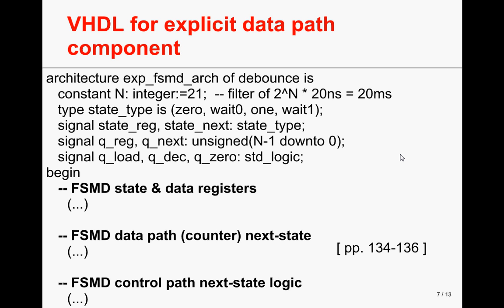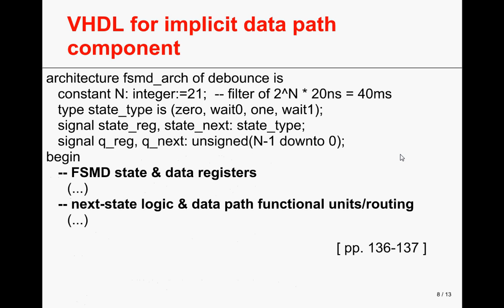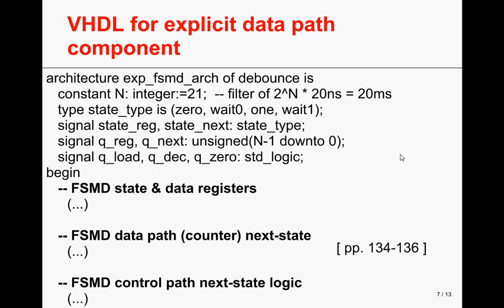It is interesting to call your attention to the fact that also in the case of FSMDs we may design the corresponding VHDL code using the explicit datapath component approach or the implicit datapath component approach.